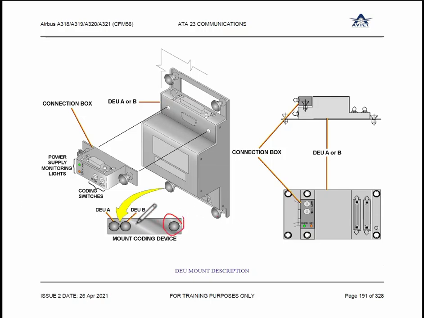So 1 pin is fixed, and this pin can be used for the DUB, and this can be used for the DUA. So that is the combination. So the design is a little bit simplified, instead of the 3 guided pins, but the concept remains the same. It will not change.